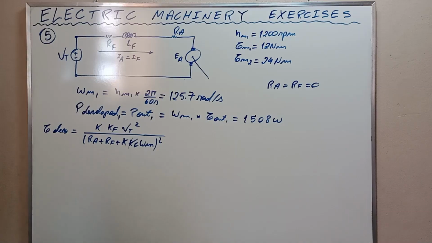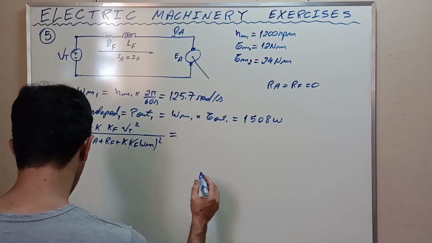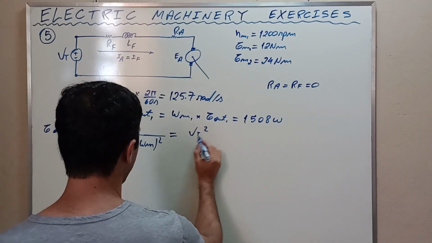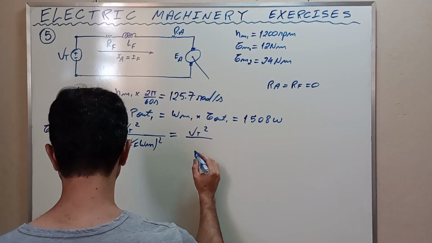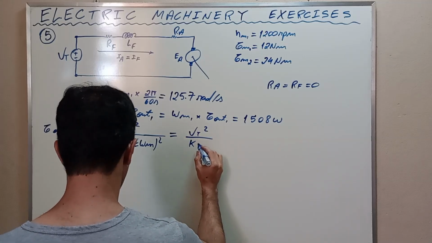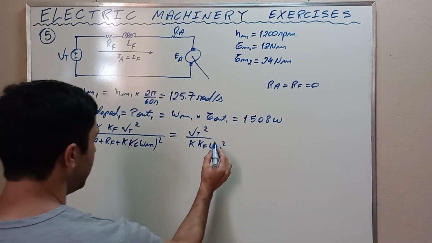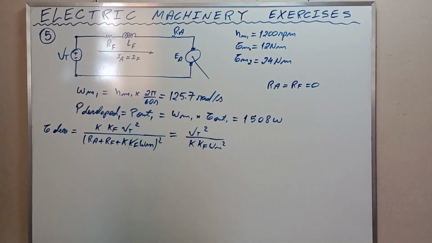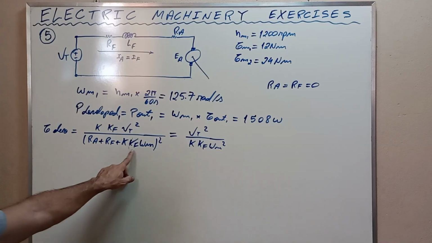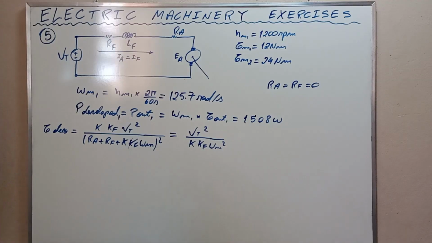But since we are considering that Ra is equal to Rf equal to 0, we are going to simplify this expression here into Vt squared divided by Kf Wm squared. Okay, we are going to work with this simplification in which this constant here, Kf, is a constant that depends on the number of field windings, okay?